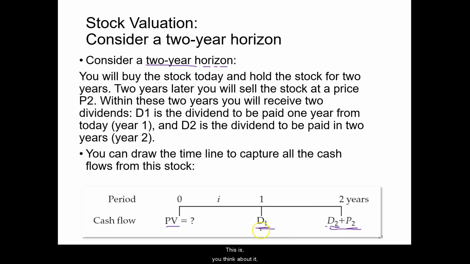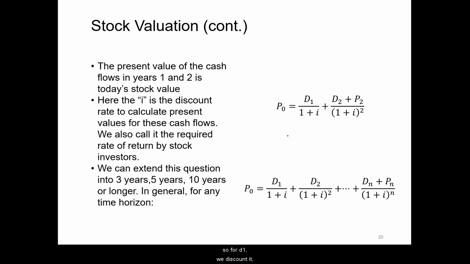This, if you think about it, is a typical Chapter 5 question of calculating the total present value of multiple cash flows. So for D1, we discount it, calculate its present value. For D2 and P2, because they are both at the end of the second year, we can sum them up and calculate the present value.